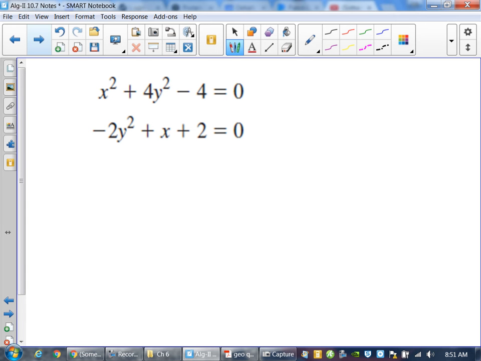Does that make sense? So getting that second equation to x by itself, x is going to equal 2y squared minus 2. You okay with that? All right. So we take this and throw it here.